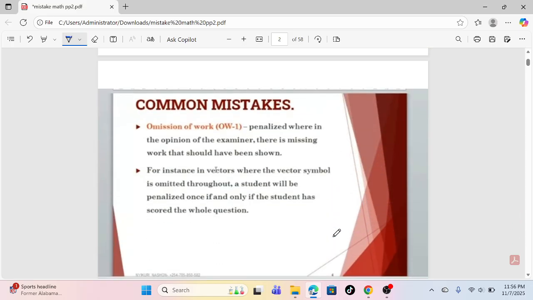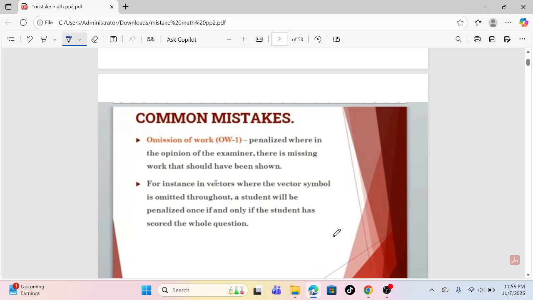One mistake. Number 1 is omission of work, penalized 1 mark, where in the opinion of the examiner there is missing work that should have been shown. For instance, in vectors, where the vector symbols are omitted throughout, a student will be penalized once if and only if the student has scored the whole question. Look at this.